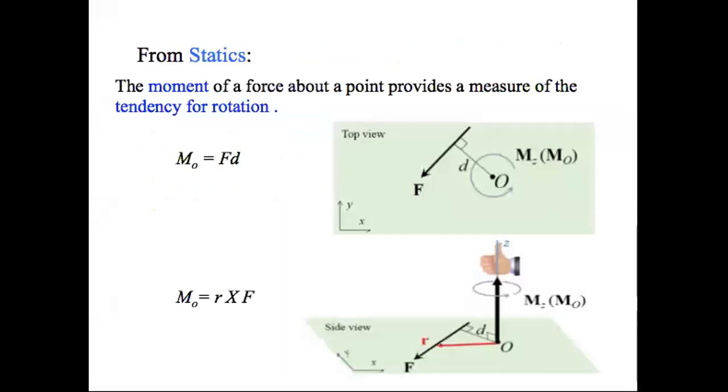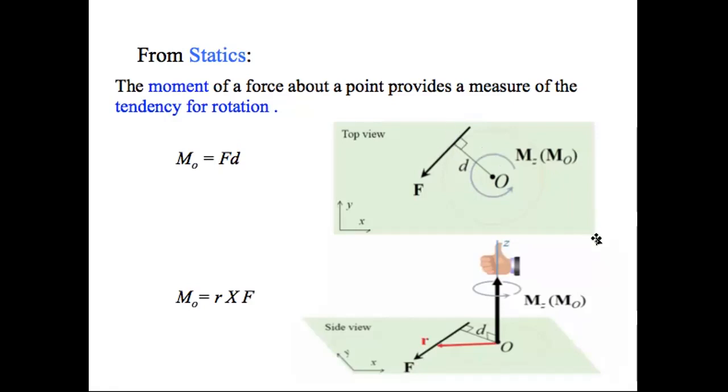If you remember, when we learned the moment of the force in a statics course, we learned that the moment of a force about a point provides a measure of the tendency for rotation. In the scalar format, the moment is defined by the magnitude of the force multiplied by the moment arm r, which is the perpendicular distance from reference point O to the line of action of the force.